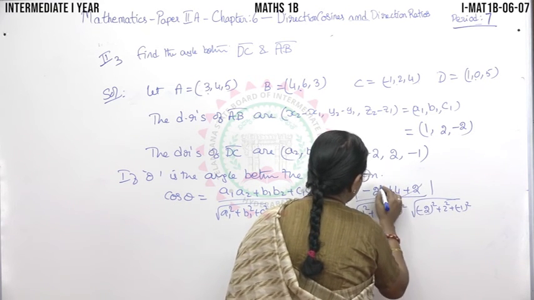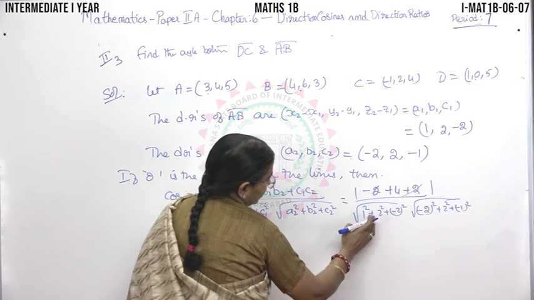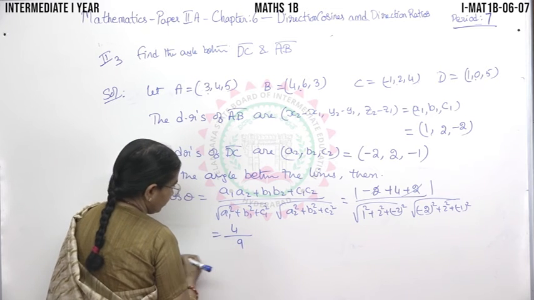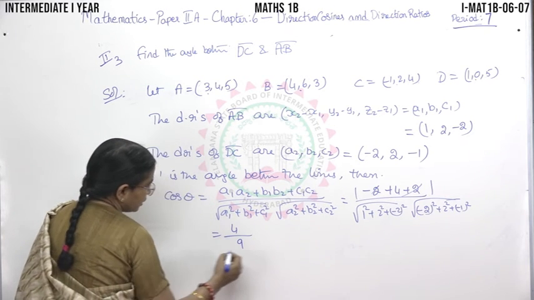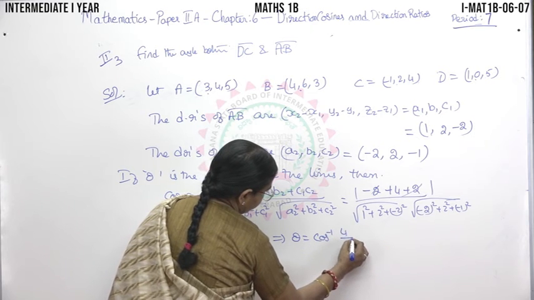Modulus of this. 2 gets cancelled. So it is 4 by 9. Root 9 into root 9 is 9. So theta is equal to cos inverse of 4 by 9.